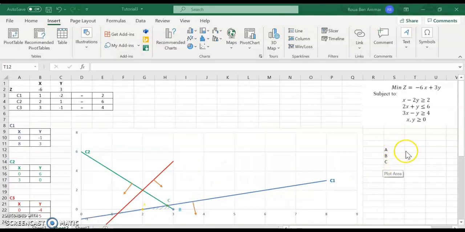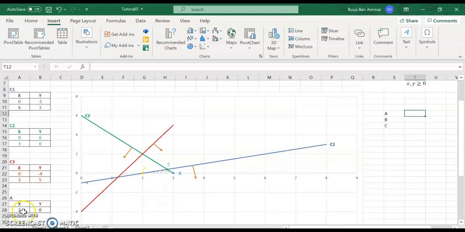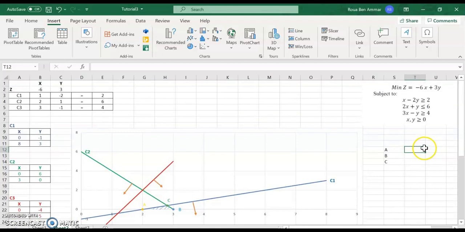So we plug in the coordinates of each point in the objective function. Coordinates of A are 2, 0, so this is the objective function, so the objective value is equal to 2 multiplied by -6 plus 3 times 0.